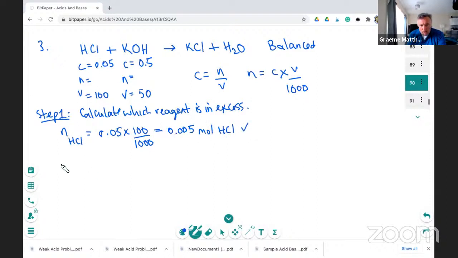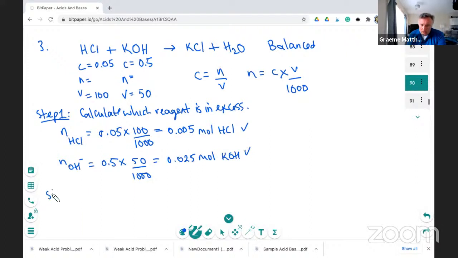And then you've got the moles of OH minus, because obviously potassium is a spectator ion. So 0.5 times 50 over 1,000 is coming back as 0.025 moles of potassium hydroxide. Now, step one done.